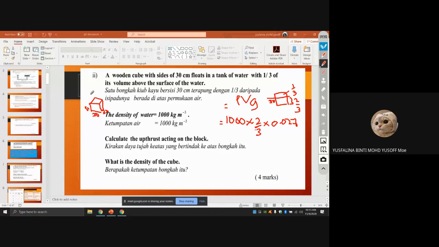So you calculate the volume for the whole cube, and then multiply by 2 over 3, and then multiply by g, 10 here. Just use a calculator: 1000 multiplied by 2 over 3 times 0.027 times 10.